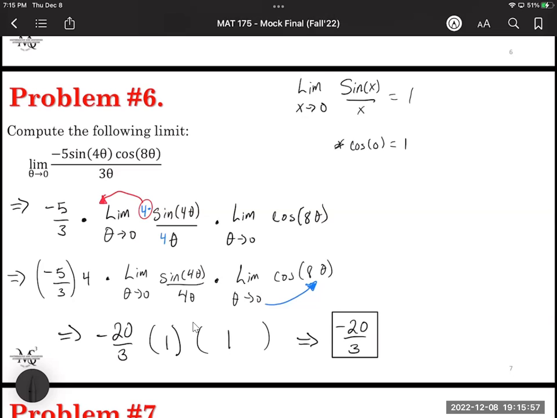So cosine of 0 is 1. By the way, we're going to see this really soon. If cosine of 0 is 1, anybody remember what sine of 0 is going to be? 0. That's right.